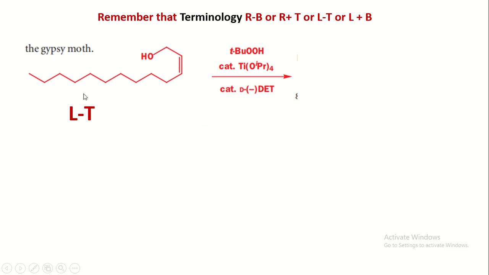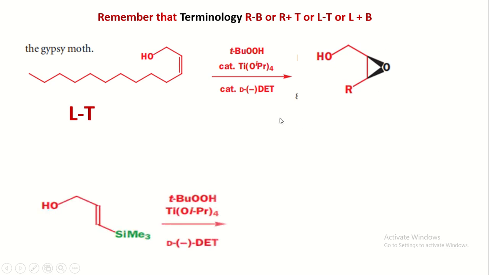According to this terminology, the epoxide is present at the top face, therefore beta epoxide. Now in the next reaction, the alkene is in the vertical manner, OH is present at the left hand side, therefore use L minus B or L minus T terminology; the configuration is minus. Therefore by using L minus T terminology, epoxide takes place at the top side, meaning beta epoxide.